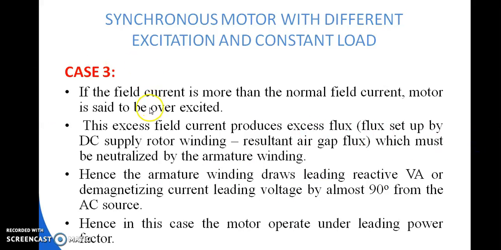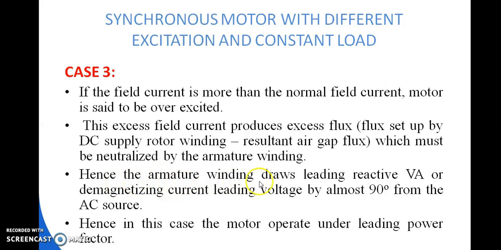Now, case 3. What happens here? If the field current is more than the normal field current, the motor is said to be overexcited. This excess field current produces excess flux set up by the DC supply to the rotor winding, the resultant air gap flux, which must be neutralized by the armature winding.